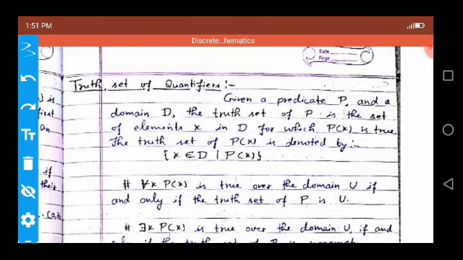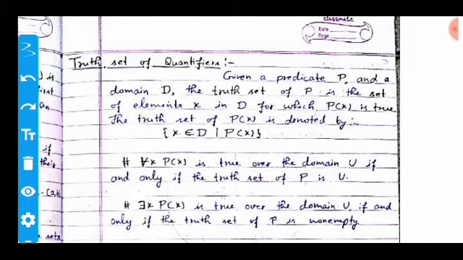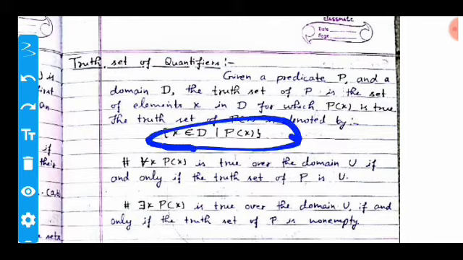So the truth set of a quantifier is represented like that using predicates P and domain D. The truth set of P is the set of elements x in domain D for which P of x is true, denoted by x belonging to D such that P of x.